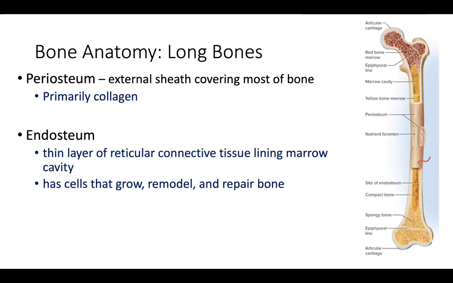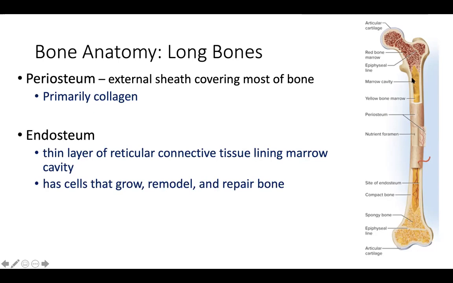Endo means inside. So the endosteum is going to be another lining, but it's lining that internal marrow cavity. If you imagine your long bones as kind of hollow in the middle with a marrow cavity running through it, it's lining that internal marrow cavity. So here we see the marrow cavity. The endosteum will be that inner lining right there, basically up against the marrow.